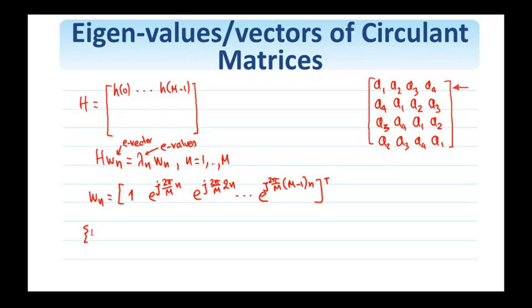And the set of eigenvalues are simply the discrete Fourier transform values of the first row of the matrix. So again, a very straightforward and important property of circulant matrices.